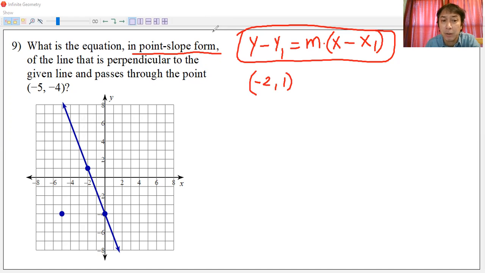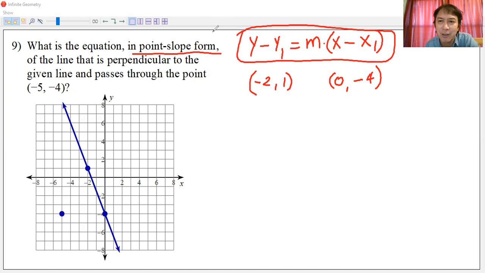The other point is on the y-axis. It looks like (0, -4). By using these 2 points, we shall be able to compute for the slope and then get the negative reciprocal of that, because that will make it perpendicular.